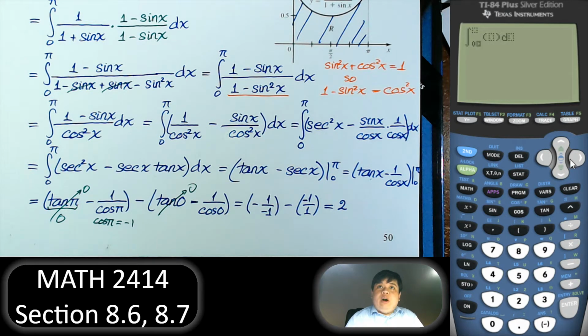We put the integral from 0 to pi into the calculator. By the way, the way the calculator displays the fraction like this, I think this is only about 10 years old.